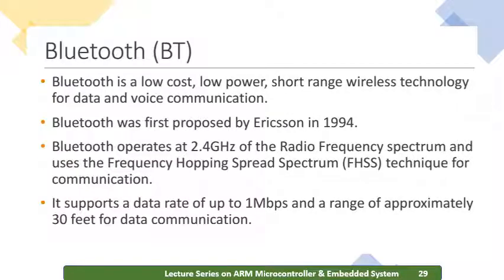Bluetooth is a low cost, low power, short range wireless technology, and it operates at the frequency of 2.4 gigahertz of the radio frequency spectrum, and it uses frequency hopping spread spectrum, which you have learned in the digital communication classes, and a range of approximately 30 feet for data communication.